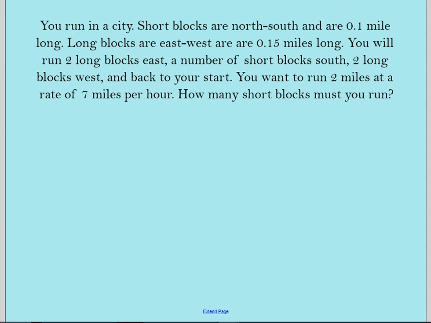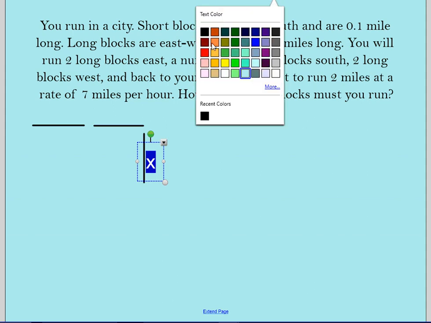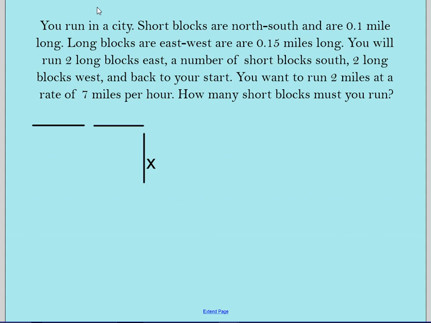So I'm going to create 2 lines. I'm going to go 2 long blocks east, then a number of short blocks south. I don't know what that is, so I'm going to say some unknown number, x.